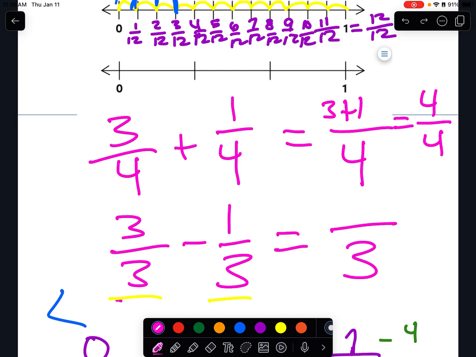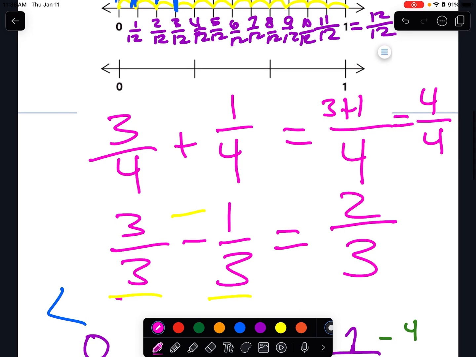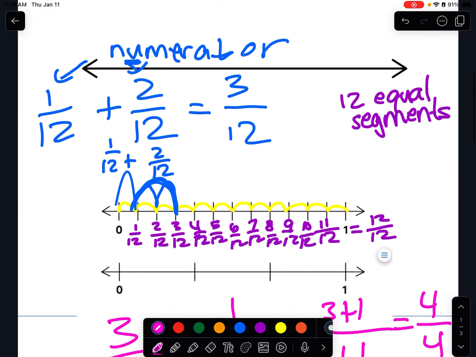Sorry, not add. I'm going to look at the sign over here. 3 minus 1. So we're going to subtract 1 from 3. 3 minus 1, well, that is 2. So your answer is 2/3. 3/3 minus 1/3 is 2/3. All right, what do you say we keep moving on?